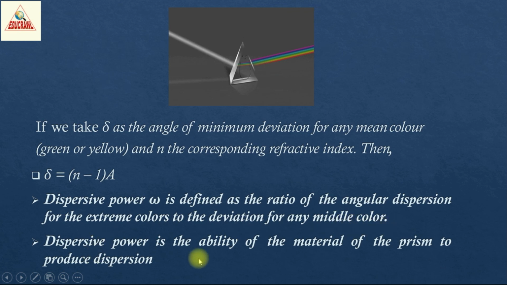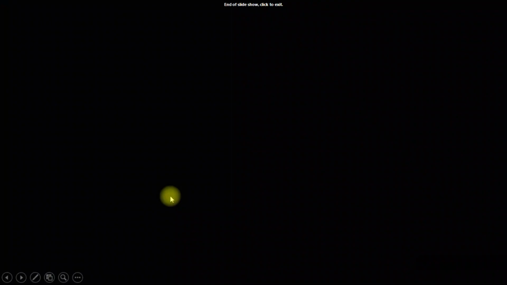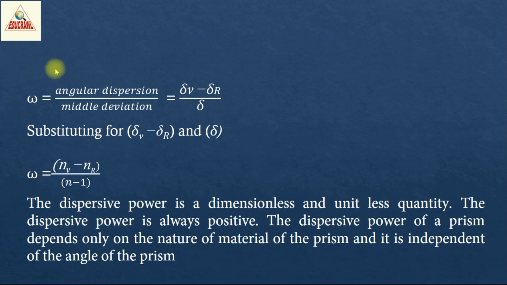Dispersive power is the ability of the material of the prism to produce dispersion. Hence, the expression for dispersive power omega is angular dispersion divided by middle deviation. Angular dispersion is the difference del V minus del R. Middle deviation, we are taking as del in general.